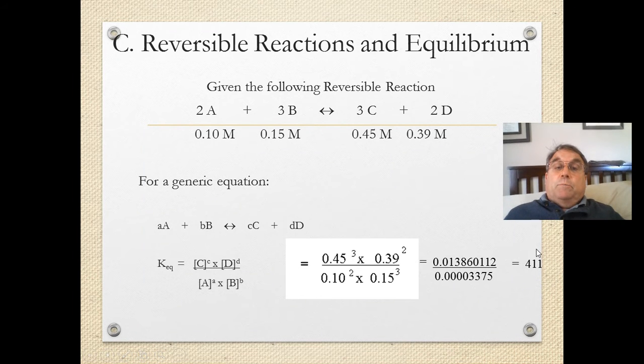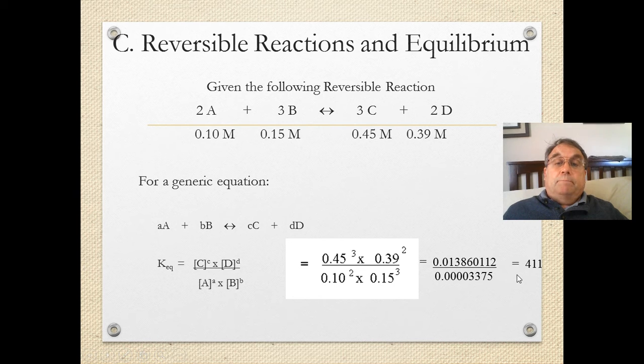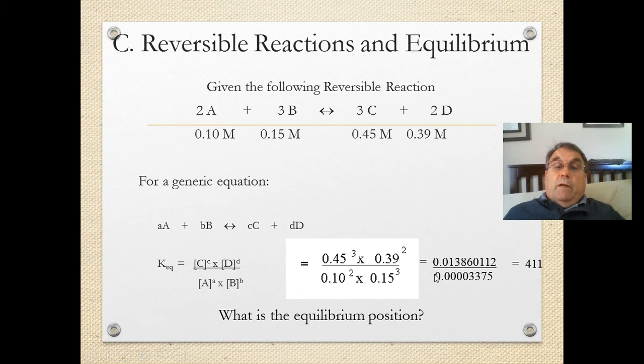Okay, which is pretty significant. If the value is greater than 100, then it tells you that it favors the products by quite a large amount. So the equilibrium position would be that it favors the products by a large amount, 411.